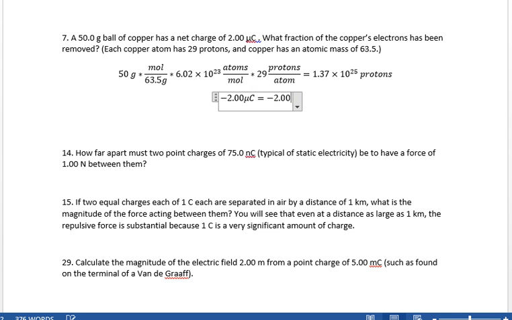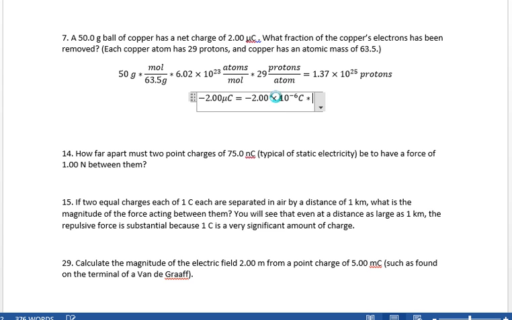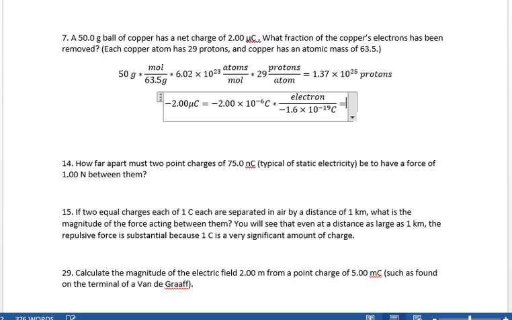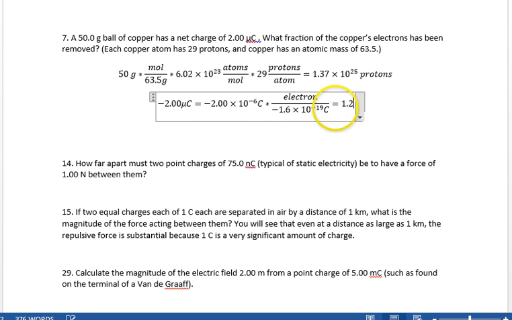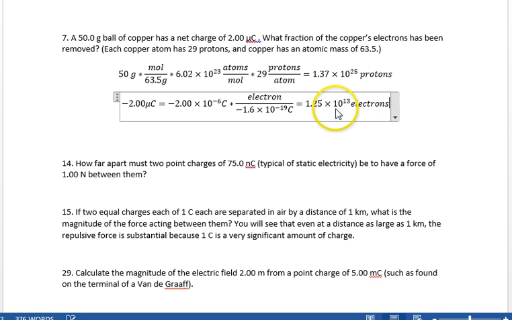So minus 2 times 10 to the minus 6 coulombs times an electron per minus 1.6 times 10 to the minus 19th coulombs equals 2e minus 6 divided by 1.6e minus 19, 1.25 times 10 to the 13th electrons, right?